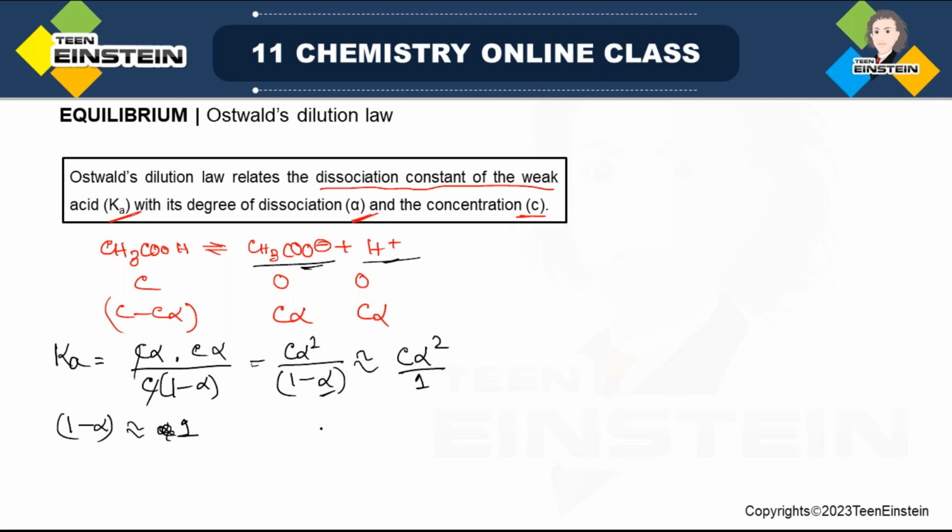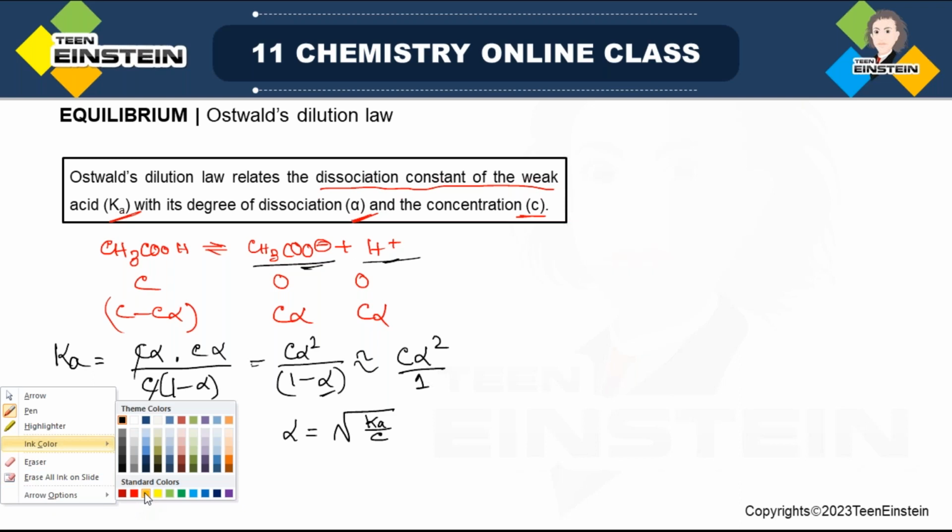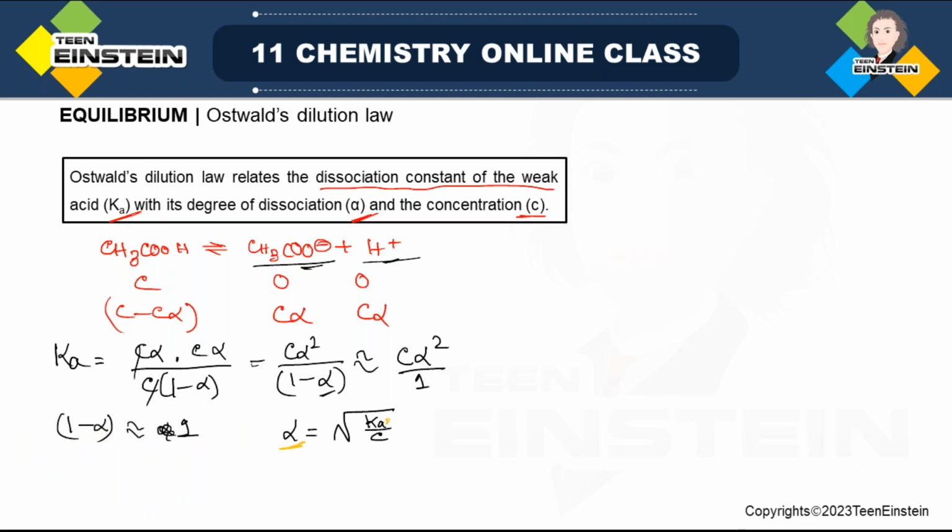So Ka is equal to C alpha square. That means alpha is equal to root over Ka divided by C. So here we have total three quantities, right? We have alpha, we have Ka, and we have C. So among these three quantities, if you know two of them, obviously another one we can easily calculate.